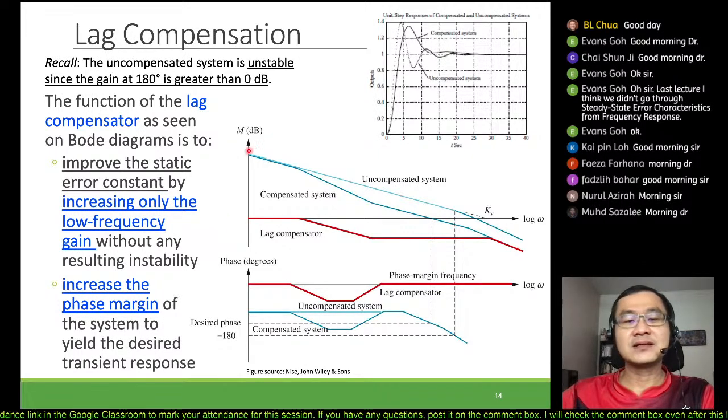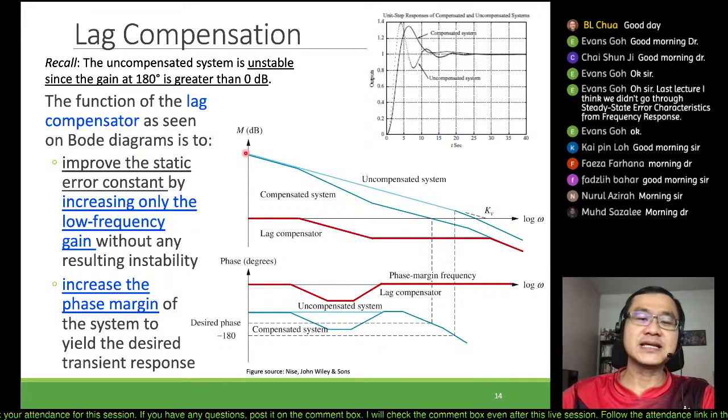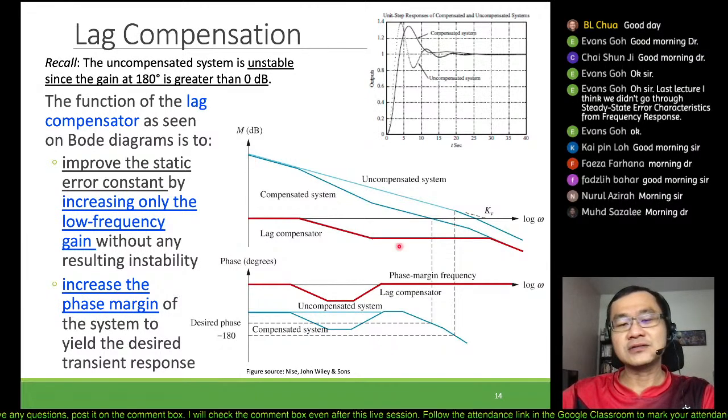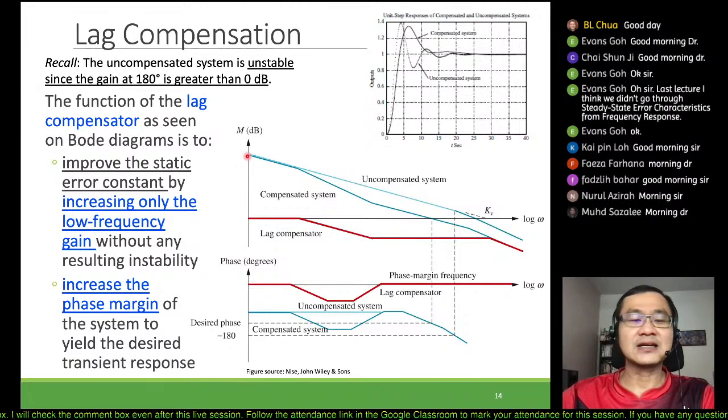Remember, the Kp is related to the low frequency gain, right? So if we can lower it, or somehow, remember the Kv and Ka are also related to the starting point of the low frequency values.